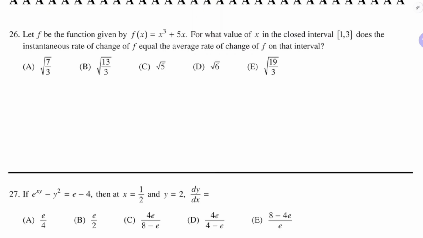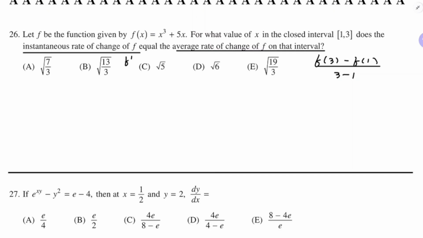Okay, this one, for what value of x does the instantaneous rate of change of f, that's f prime, equal the average rate of change of f on that interval, that's going to be f of 3 minus f of 1 divided by 3 minus 1.